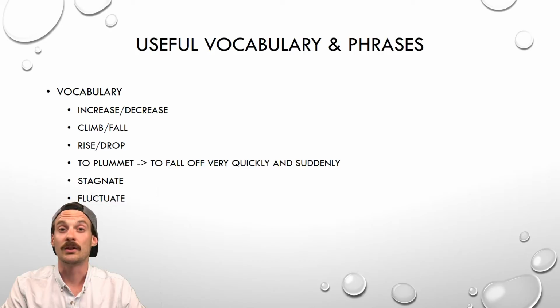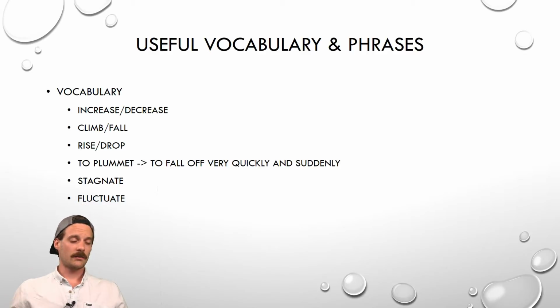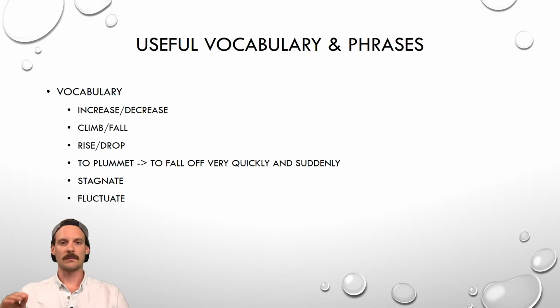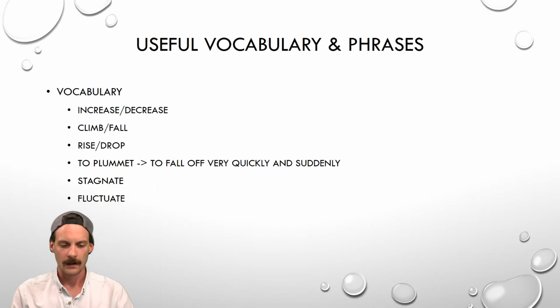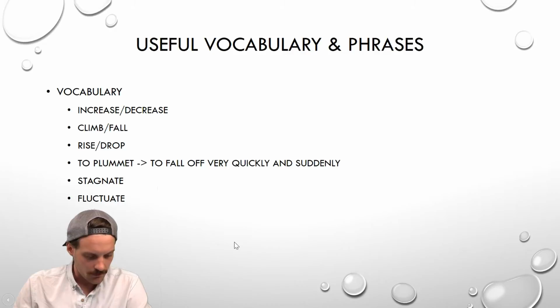It's gonna make a good impression on the examinee. Then we have other vocabulary, of course, stagnate, which is the same as in German, stagnieren, which is something stays the same, and fluctuate, which is something goes a bit up and a bit down, but no clear peak or fall.